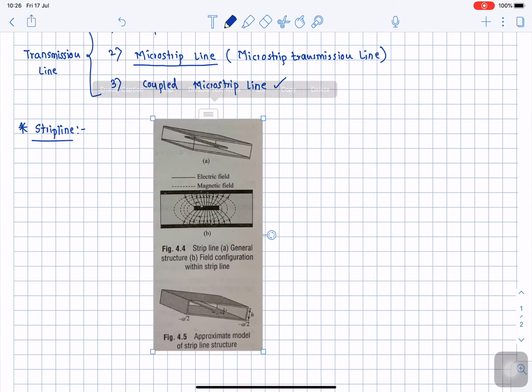So in this way. If you visualize, this yellow color indicates the dielectric material. Okay. So here I will highlight. This yellow color is nothing but the dielectric material. It is a dielectric material, so that the central conductor can be sandwiched between the two ground planes by making use of dielectric material. Okay. So this is how the construction of strip line looks like.